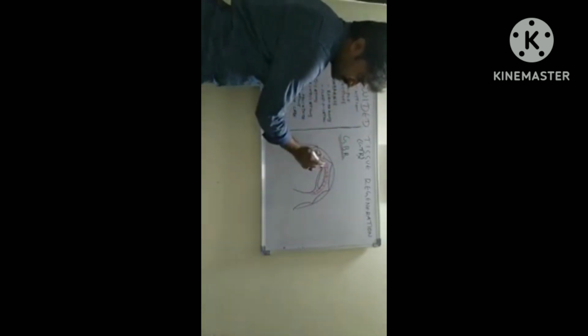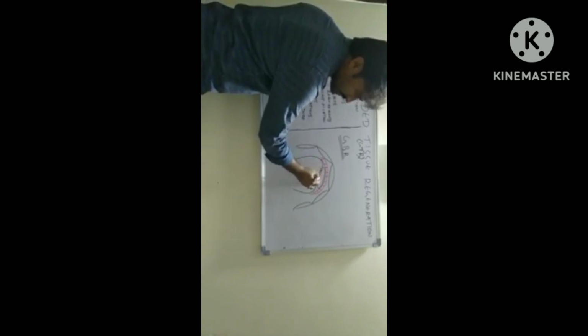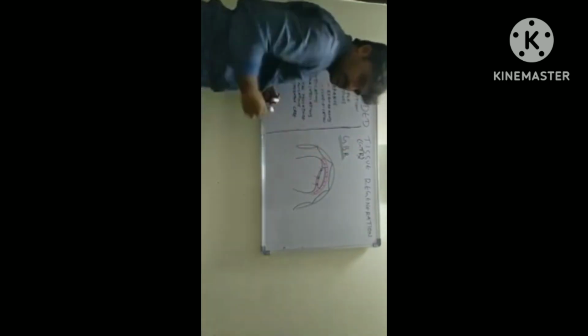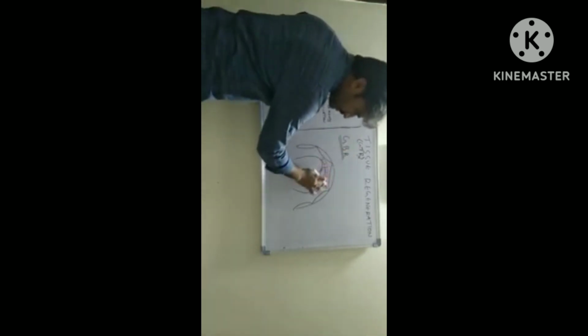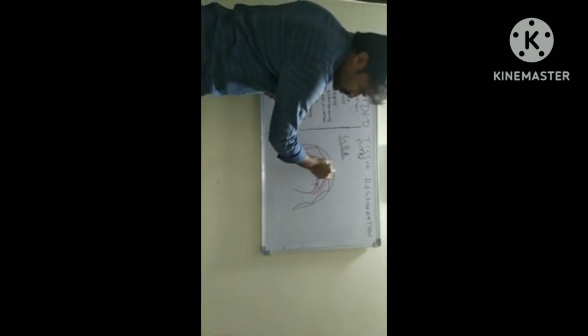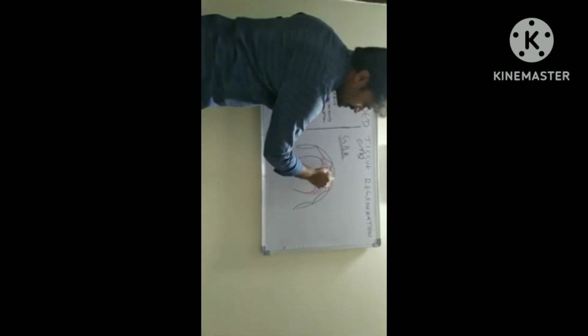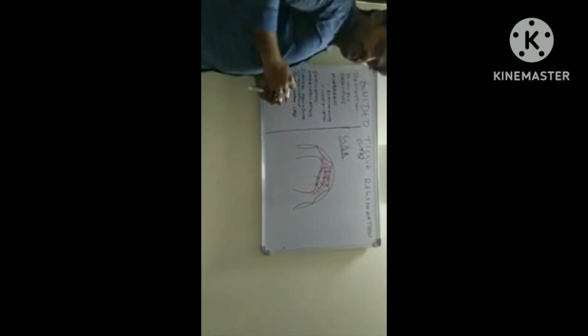So in guided bone regeneration, this bone defect will be regenerated by the cells from the bone only. By placing GTR membrane here, we are preventing this gingival epithelial tissue cells from migrating to this bone defect area. This is prevented by the GTR membrane.